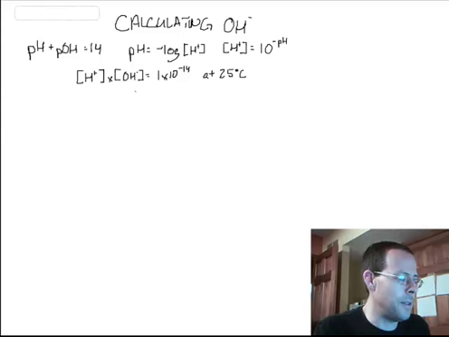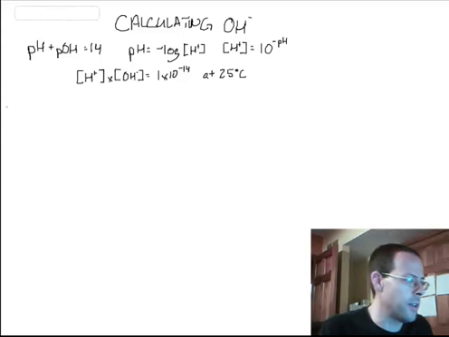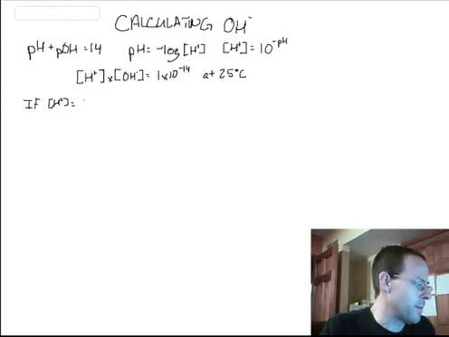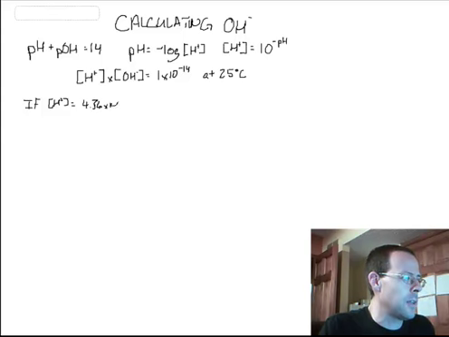So with that, to calculate hydroxide concentration, sometimes it'll be a two-step process, other times it'll be a one-step process. So I might give you a question that says, if H plus concentration equals, let's go with 4.36 times 10 to the negative 8th molar, then I might just say, what is the hydroxide concentration?